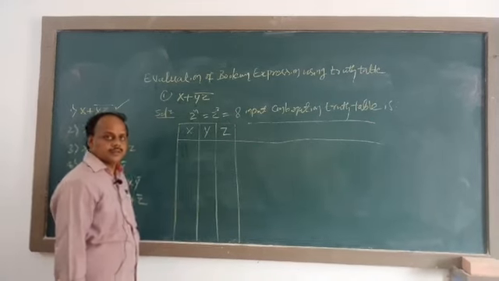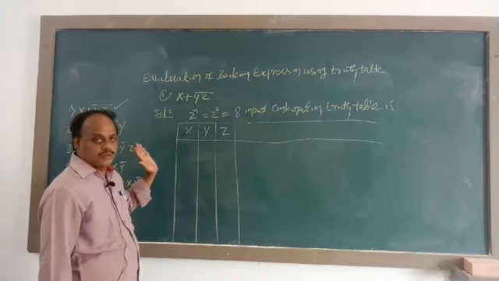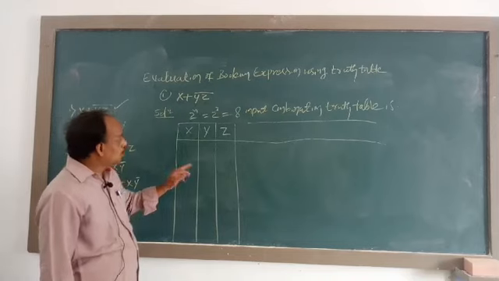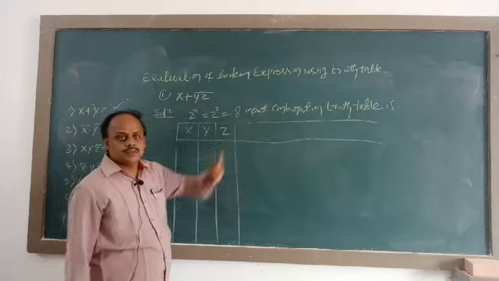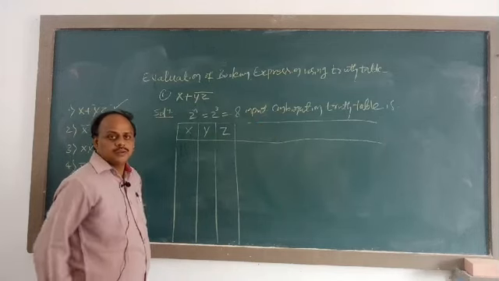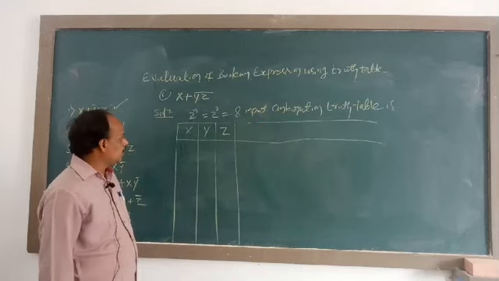For these 3 variables, we have to write 8 input combinations, right? So I am going to tell you how to write the 8 possible input combinations.